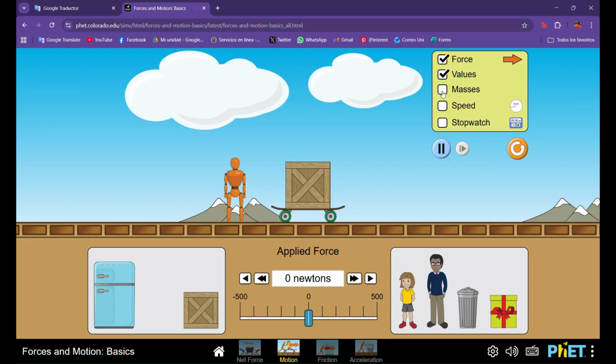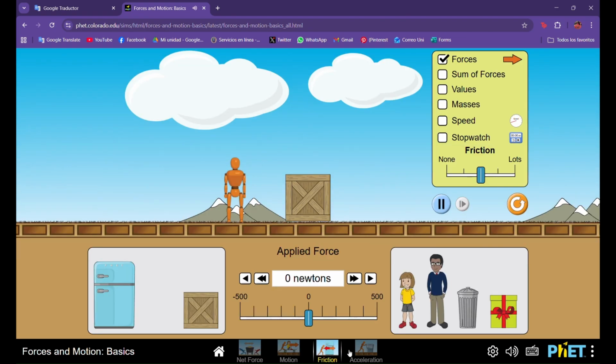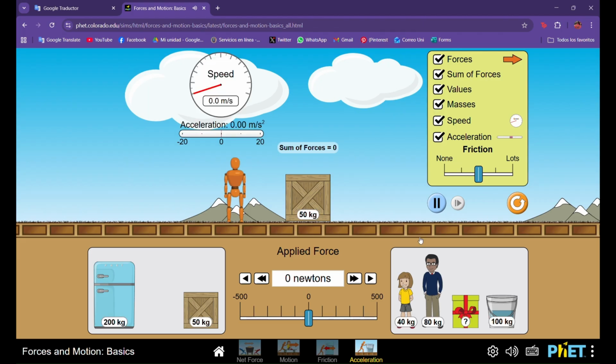This is the same simulator we used some minutes ago. This is the net force, this is the motion, friction, or acceleration. I will use the acceleration simulator. I want to see the forces, the sum of forces, values, masses, speed, and acceleration. And I will disable the friction.